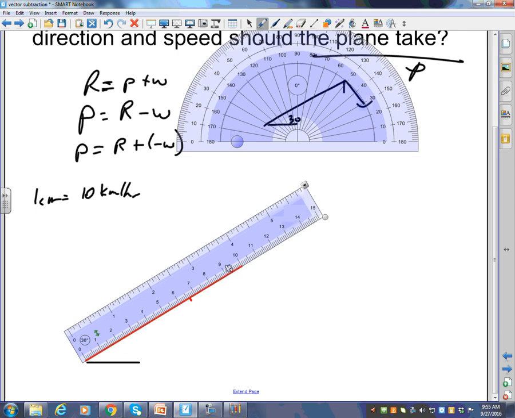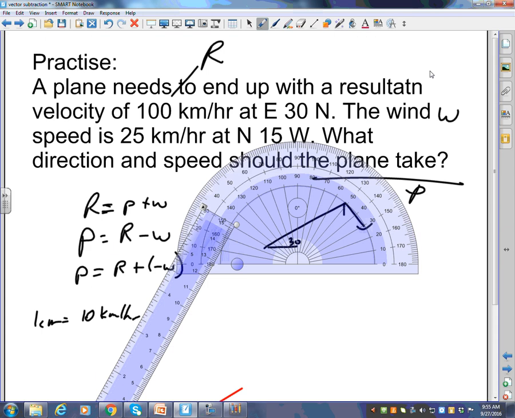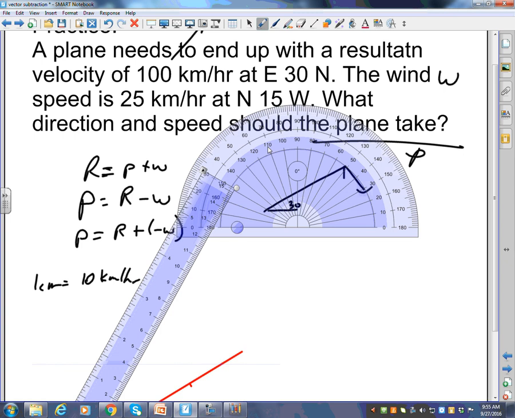Okay, there's our first vector. And then I've got to go 25 at north 15 west. North 15 west becomes south 15 east.